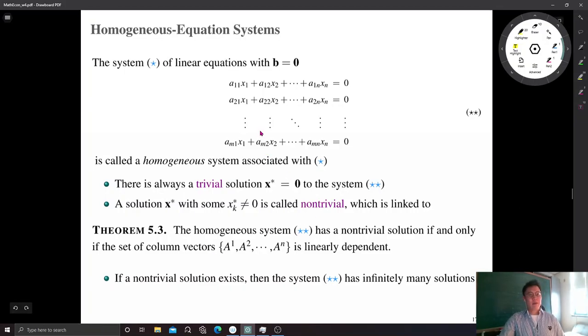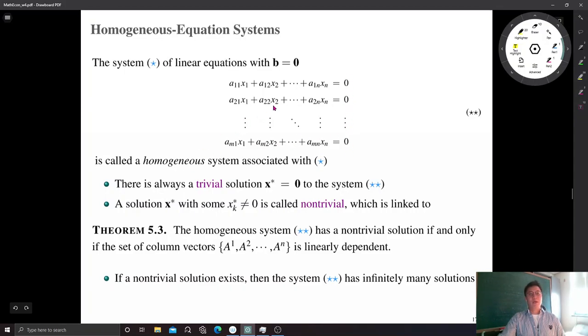All right, and there is a little bit of discussion about homogeneous equation systems in the textbook, so let me mention a little bit about this. A homogeneous equation system is a linear equation system, but the parameter matrix is given by the zero vector. So all constants on the right-hand side are zeros.